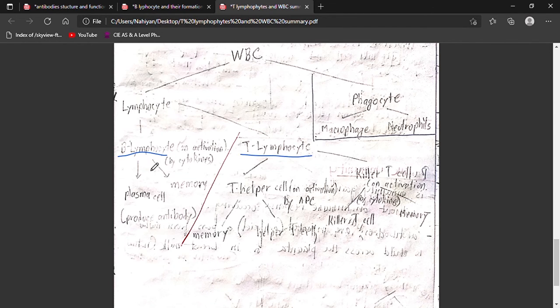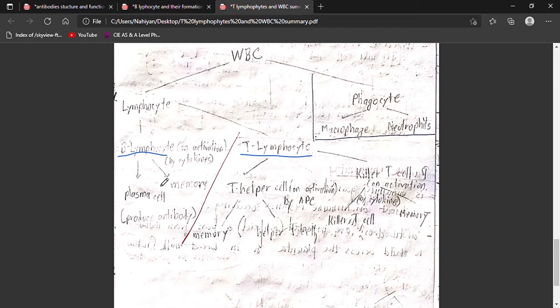The B lymphocytes are more activated when the helper cells are released, which were activated by the phagocytes. For understanding the activation process, we have to look at the whole range. But now let's just look at the divisions of each of the cell types.